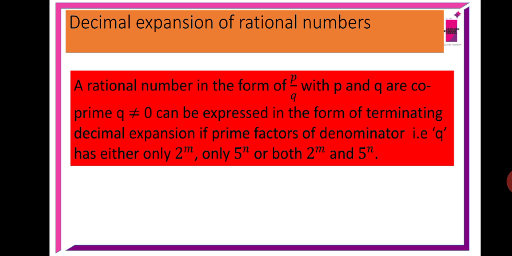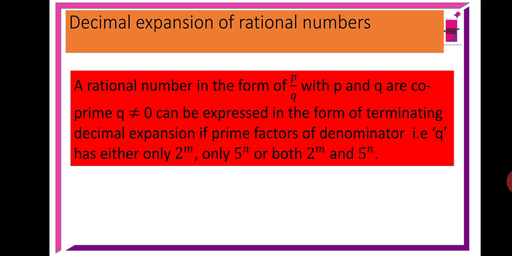With some theorem. A rational number in the form of p by q, with p and q co-prime, q not equal to 0, can be expressed as a terminating decimal expansion if the prime factors of the denominator, that is q, are either only 2 power m, or only 5 power n, or both 2 power m and 5 power n.